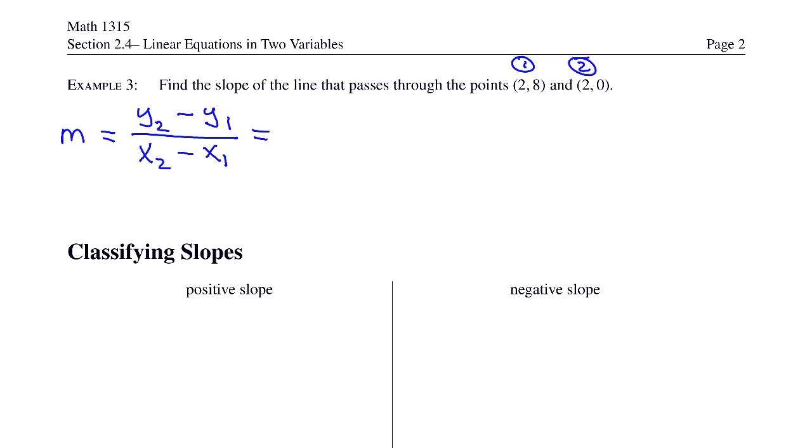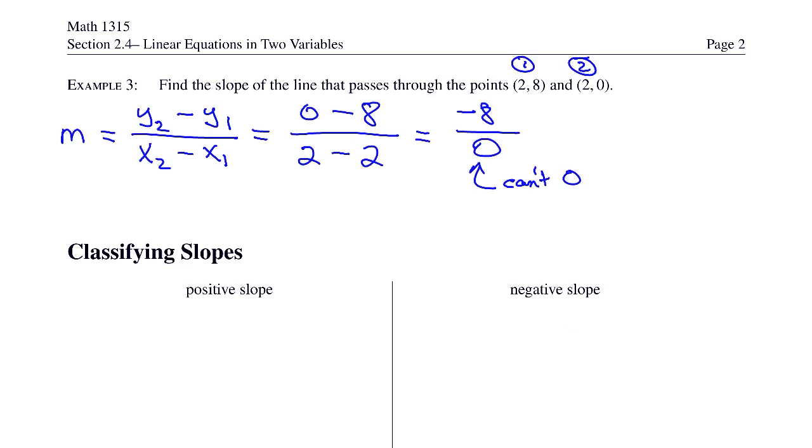And that would give me 0 minus 8 over 2 minus 2. Notice that this is going to give us a 0 in the denominator. This was one of the provisions from the slope definition. You cannot have 0 in the denominator. Therefore, we say that this slope is undefined.